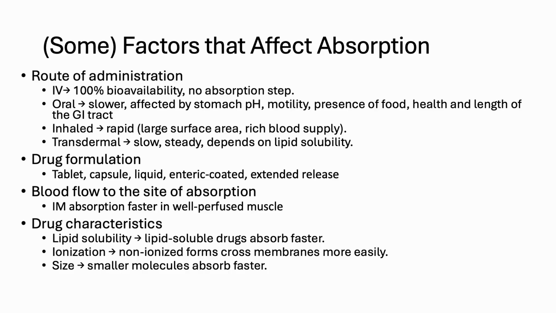Subcutaneous tissue is not as well perfused as muscle is. There's fewer capillaries in subcutaneous tissue than there is in muscle. So if you gave someone an IM injection and you gave someone a subcutaneous injection, the IM injection would work faster. And then, of course, I mentioned drug characteristics. There are some drug characteristics that make drugs be absorbed faster or slower. So there's a few things that affect absorption.